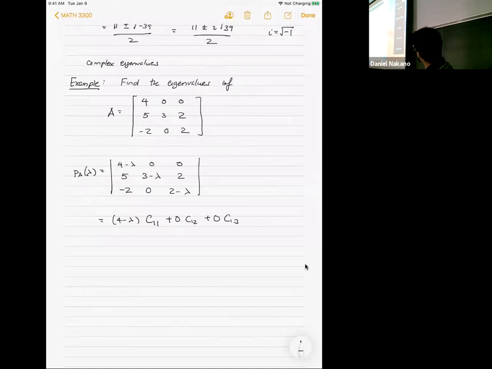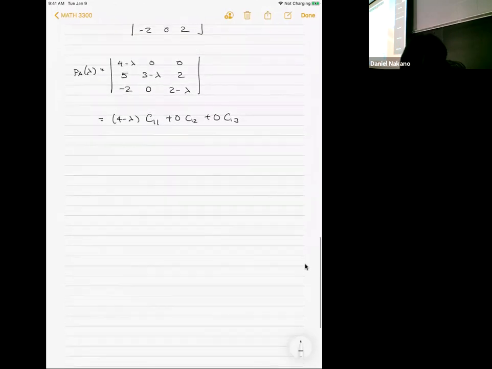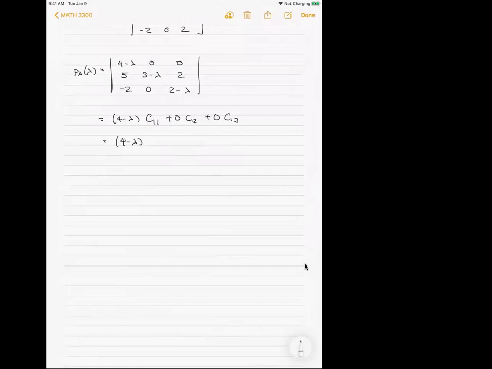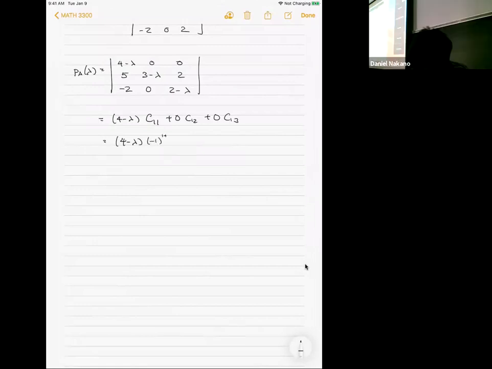So you notice that the only thing I have to worry about is the factor involving the 4 minus lambda. All right, so let's continue on. This is 4 minus lambda. C11, we have (-1)^(1+1).